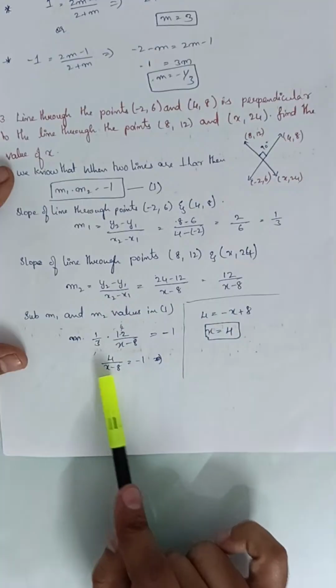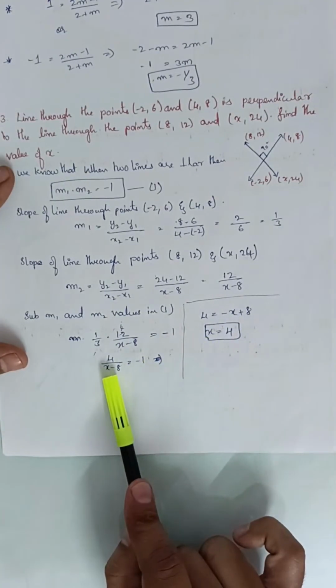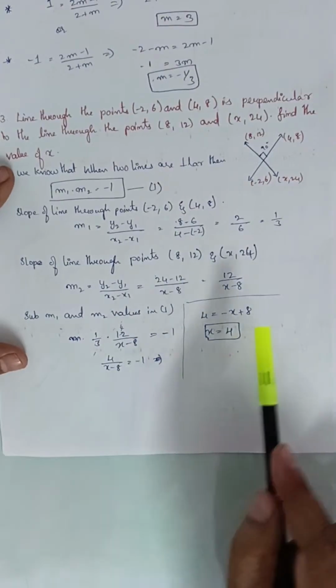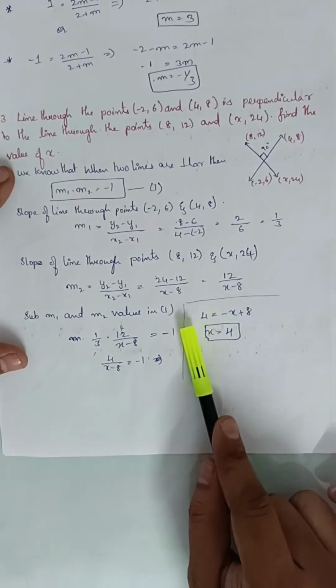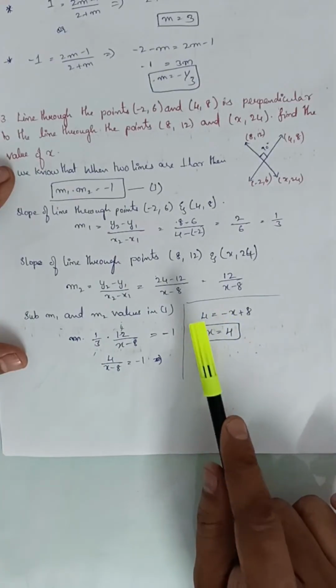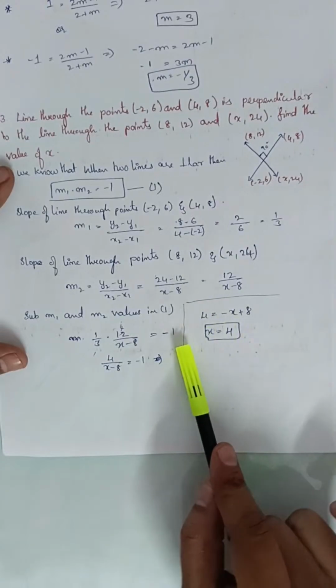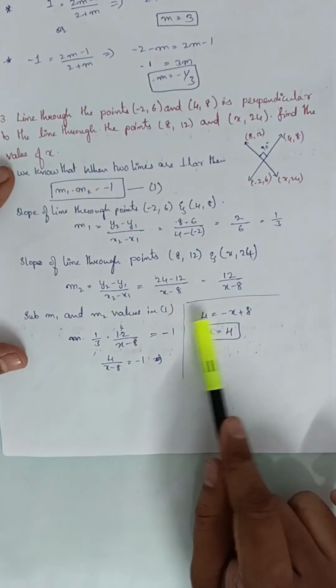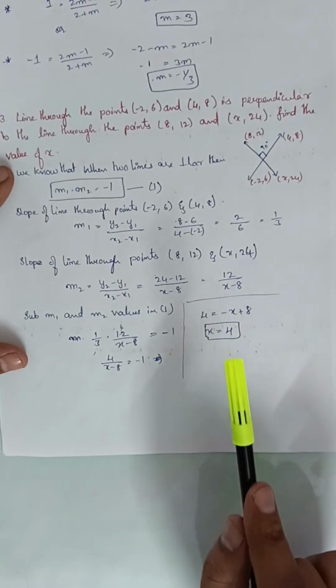So x multiplied by -1 is -x, and -8 multiplied by -1 is +8. Move the -x to the left side and the 4 to the right side. So -x becomes positive, positive 4 becomes negative, so 8 minus 4 will be 4.